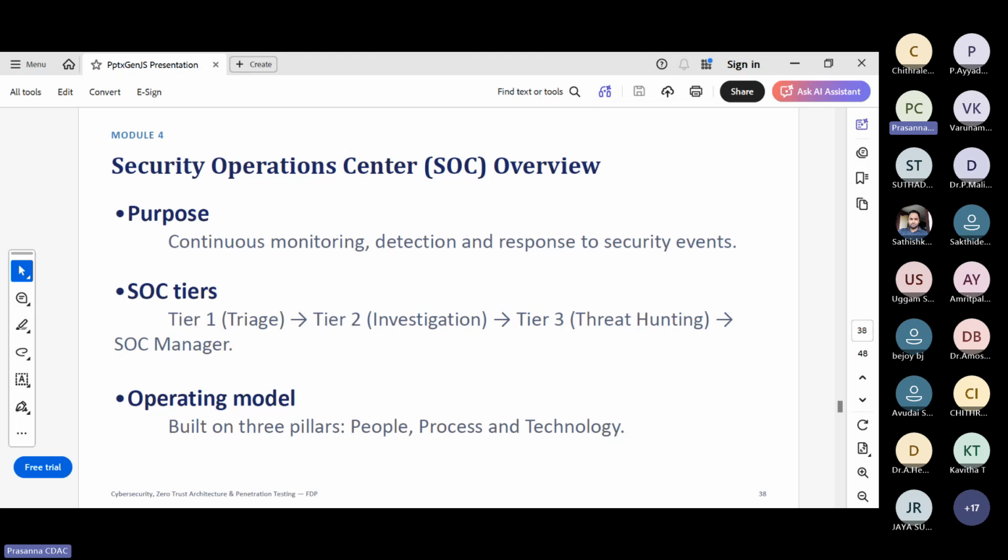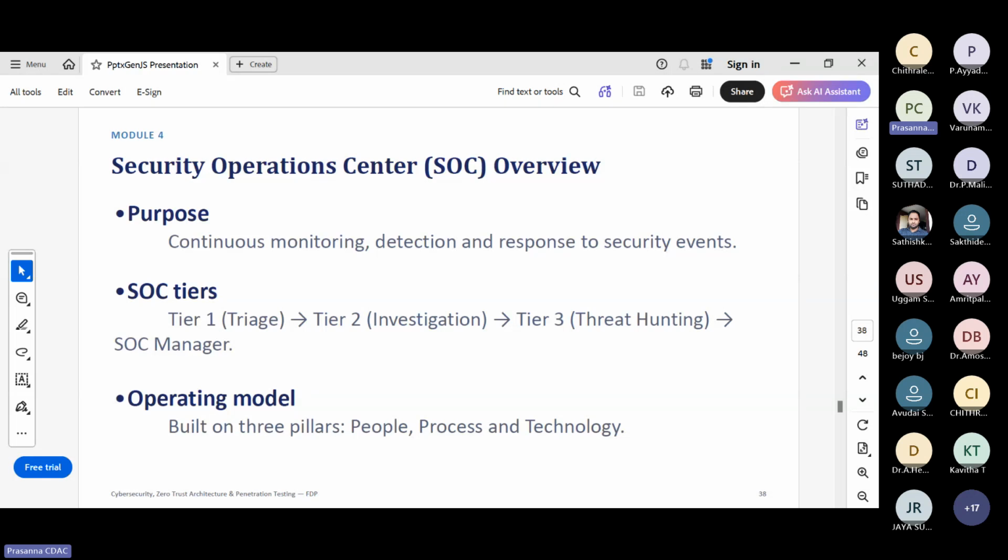What we mean by security events, that also I will tell you. If there is an authentication failure or an authorization misuse, those events alone they will monitor. Why was there an authentication failure? Why did the password fail 3 times? That type of monitoring and analysis will be carried out by the SOC team.